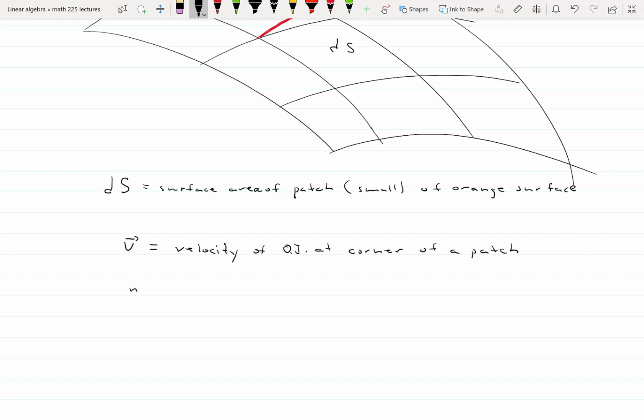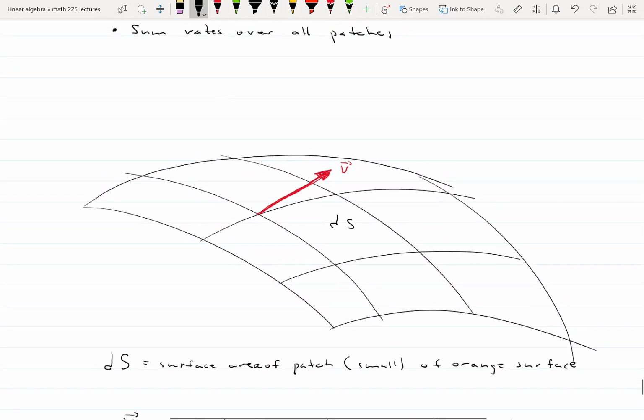So let's say that n is a unit outward normal at the corner. And I want to draw that vector. I'll use black for that. It's a unit outward normal, so the length of that vector is 1.